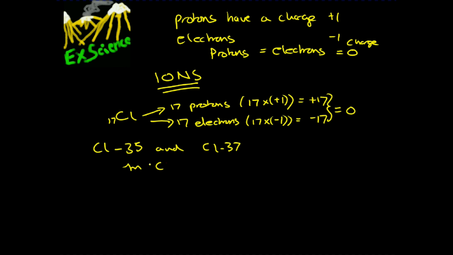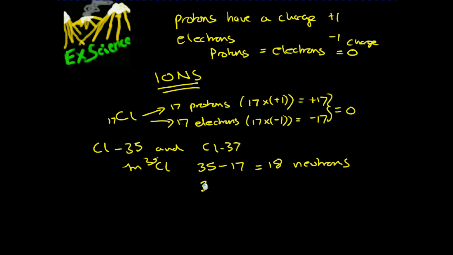In Cl 35, I can work out the number of neutrons by subtracting the atomic number: 35 minus 17 equals 18 neutrons.